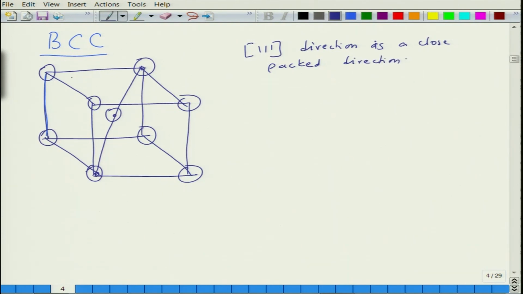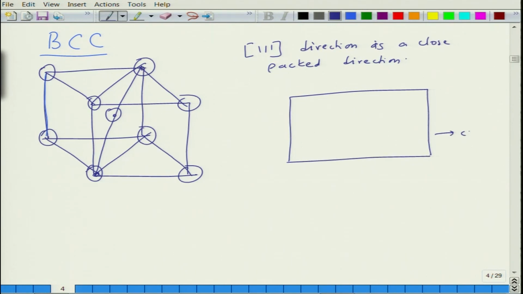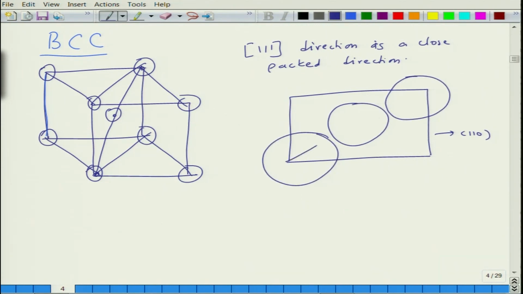If you take, for example, this particular plane, let us say this is the 110 plane, you will have one atom sitting here, another atom here, another atom here, and this will constitute the 111 direction.